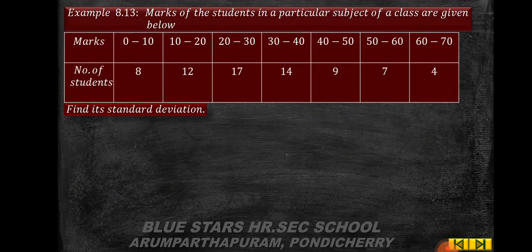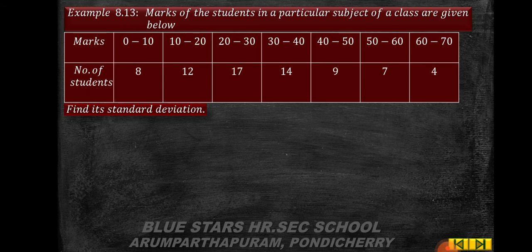Example 8.13. Marks of the students in a particular subject of a class are given below. Marks 0 to 10, 10 to 20, 20 to 30, 30 to 40, 40 to 50, 50 to 60, 60 to 70. Number of students is 8, 12, 17, 14, 9, 7, 4.